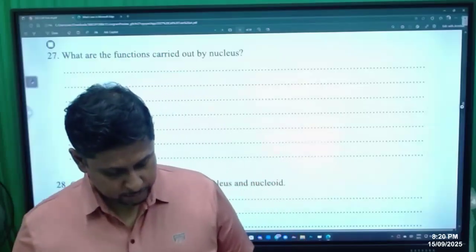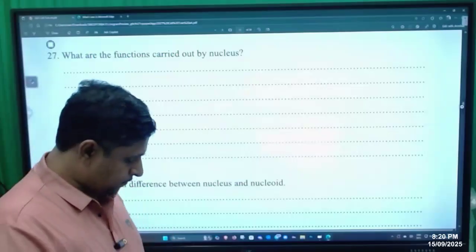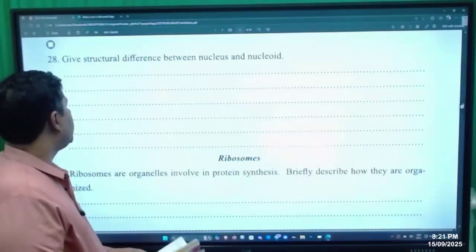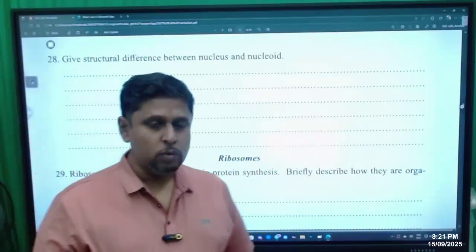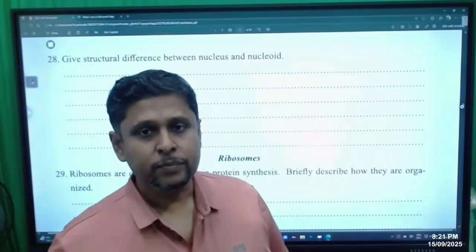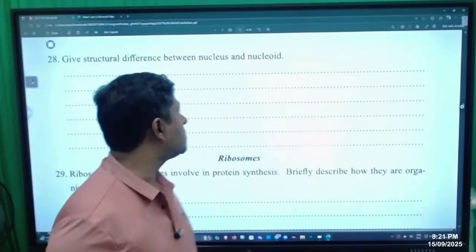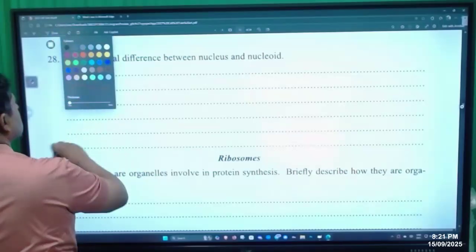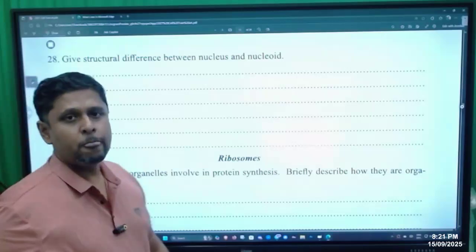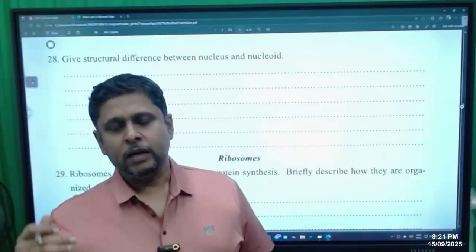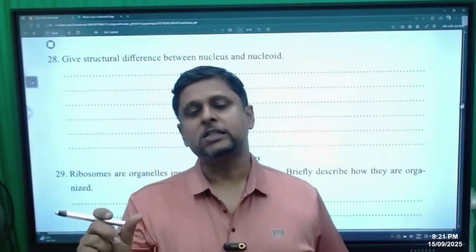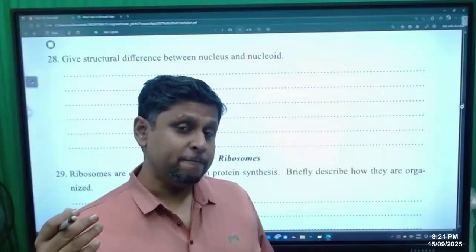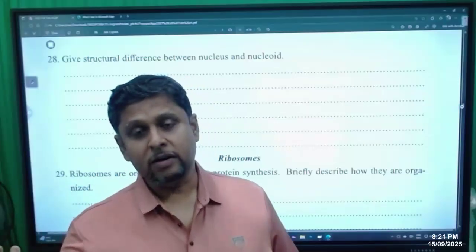Right. Next question, people. Question number 28. Give structural differences between nucleus and nucleolus. What are you going to say, people? Now, nucleus is a membrane-bounded structure. Nucleus contains DNA covered with histone protein.